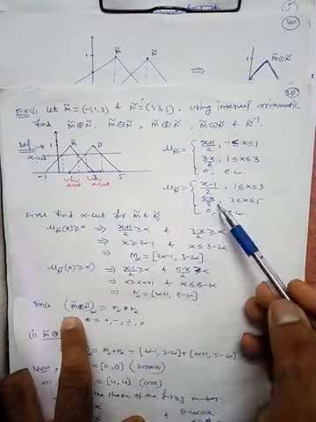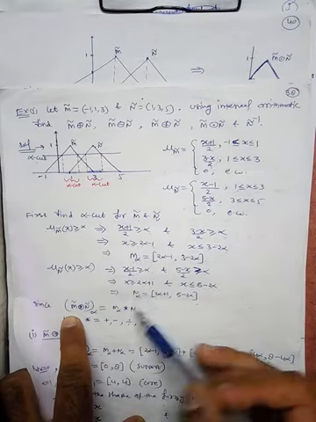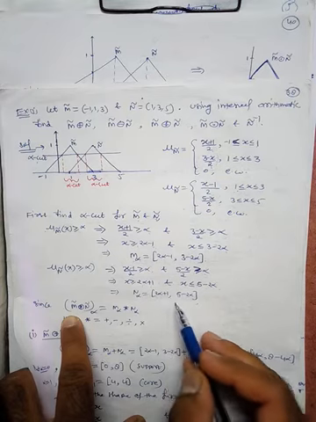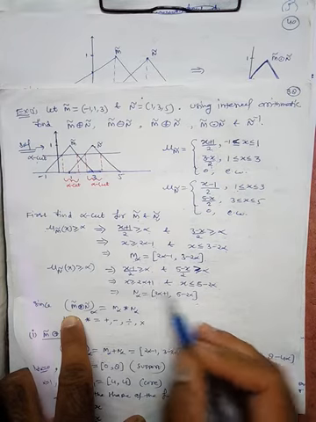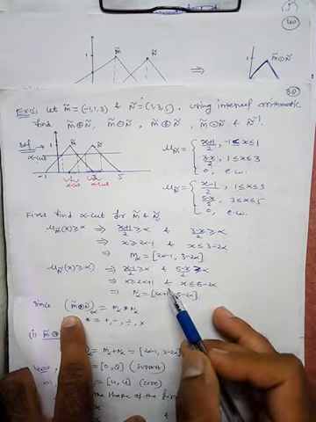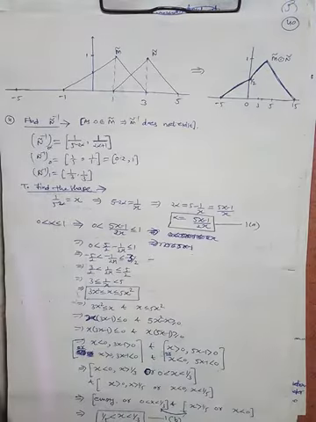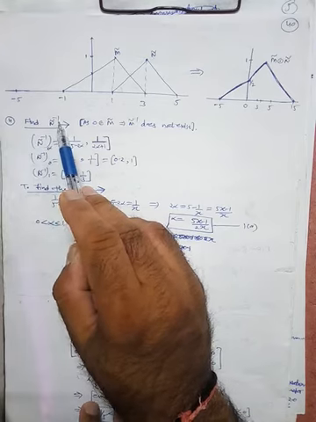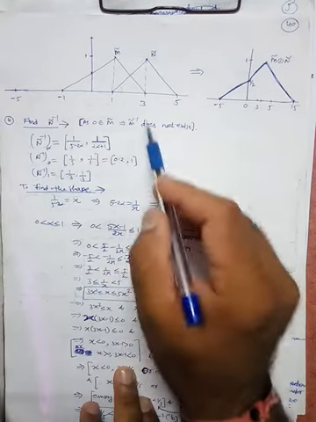Now its alpha cut is denoted by n alpha and defined as [2 alpha plus 1, 5 minus 2 alpha]. So first we will find its inverse. Here we are unable to find m inverse.